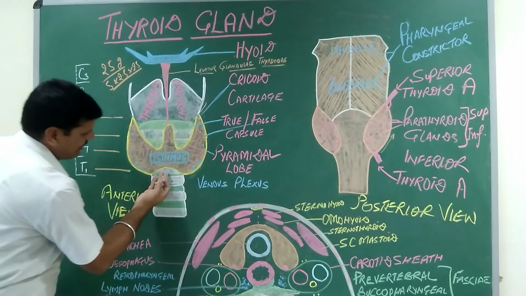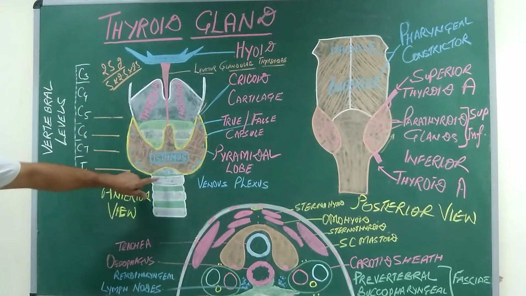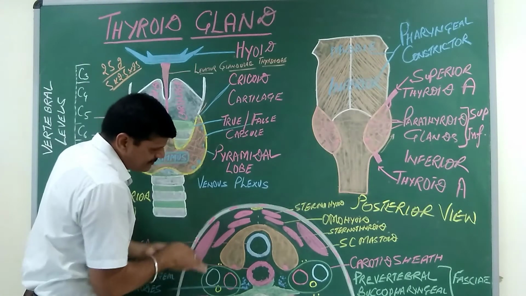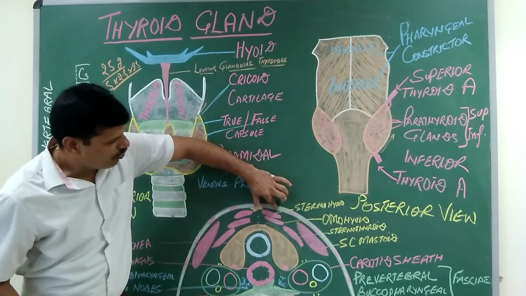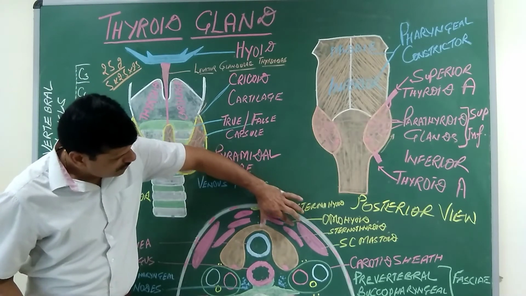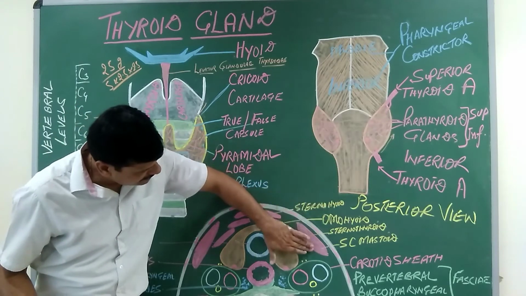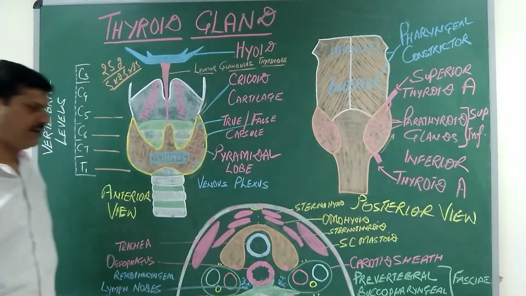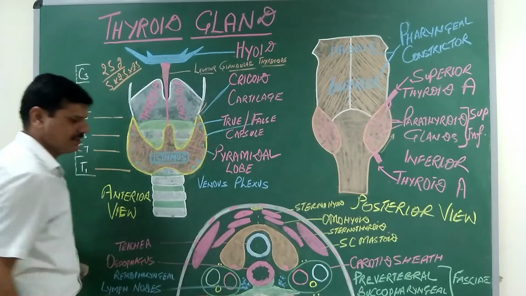The base lies along the fourth and fifth tracheal rings. The lateral surface has relation laterally with the muscles: sternohyoid, sternothyroid, the superior belly of the omohyoid and the anterior border of the sternocleidomastoid.